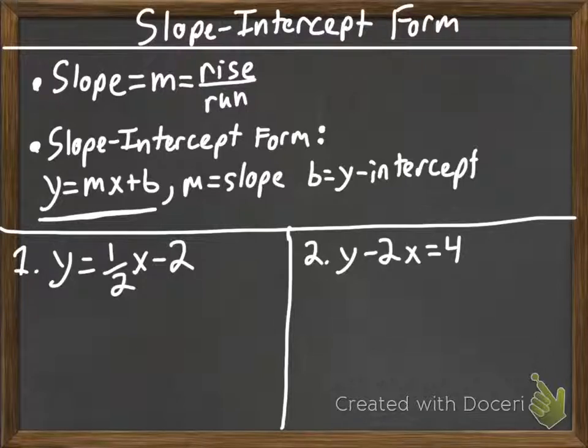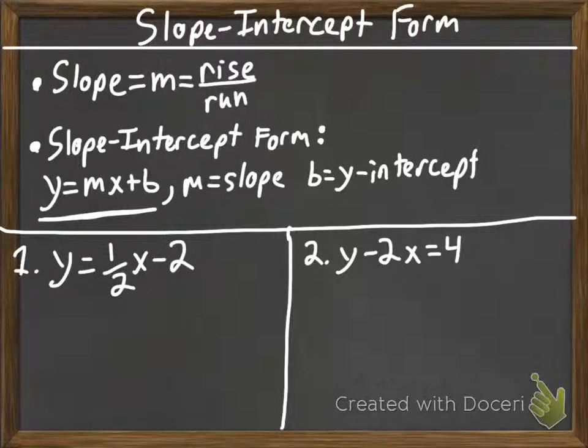Slope-intercept form is y equals mx plus b, where m is our slope, and b is our y-intercept. And if you remember, the y-intercept is the point where a line will cross the y-axis. So we're using a little bit of what we did last time, graphing whenever we talked about those intercepts.